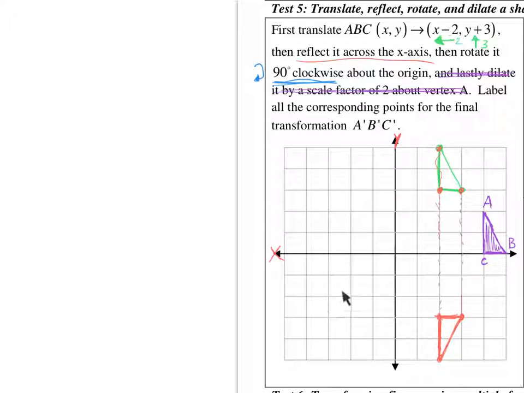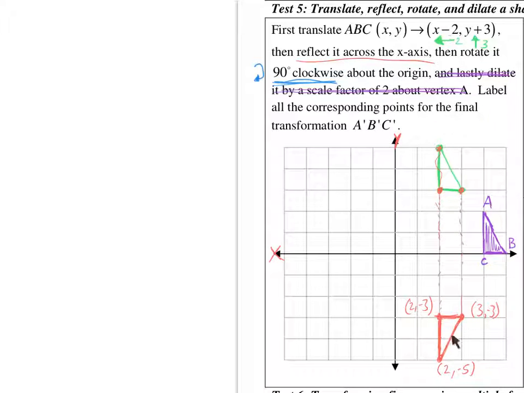Isn't it this quadrant? We're going from this one 90 degrees into this quadrant. And to rotate, it would help to find the coordinates. So let's find these coordinates right here. That would be 3, negative 3. This coordinate down here is 2, negative 5. And this coordinate up here is 2, negative 3.